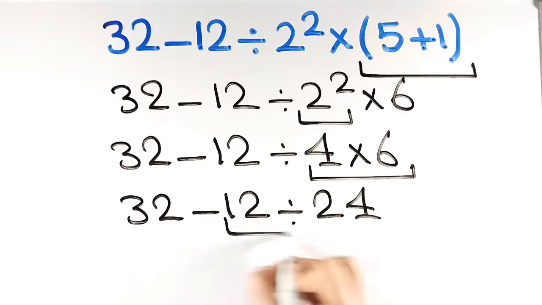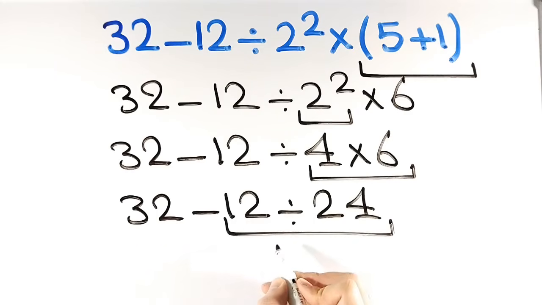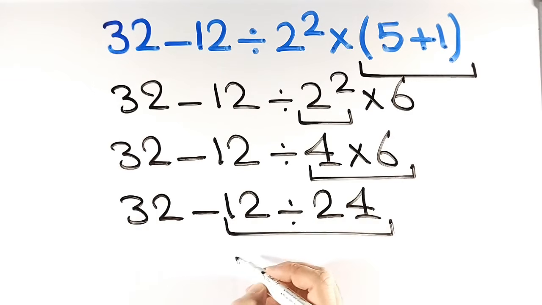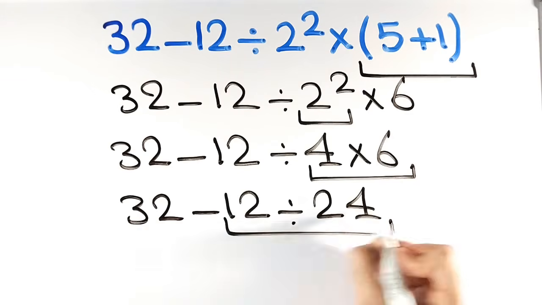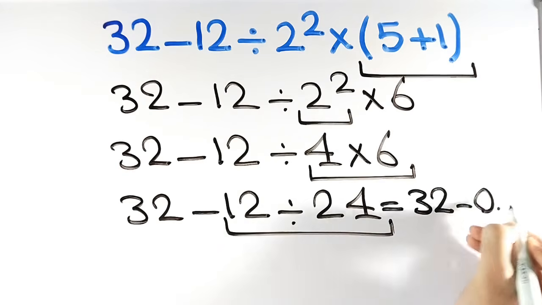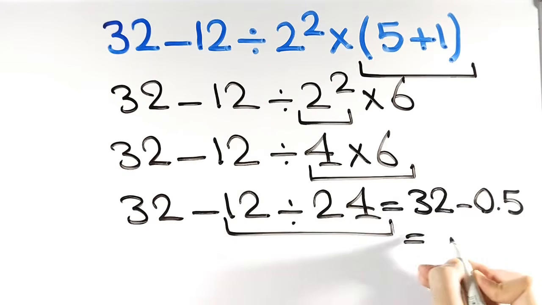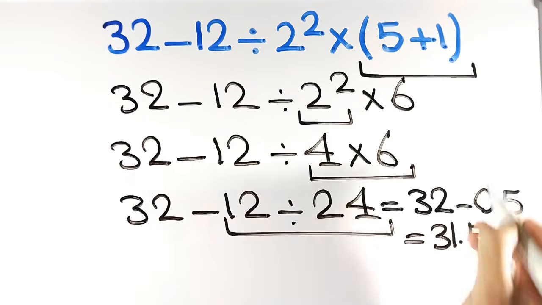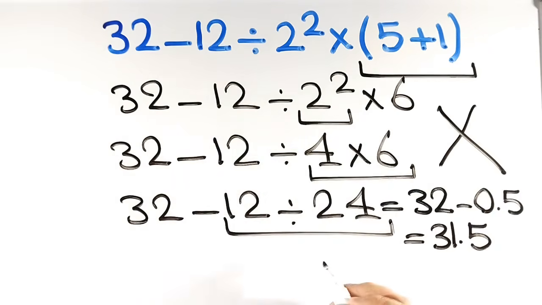Next, they go for the division between 12 and 24 because they think division has priority over subtraction. So instead of this expression, they write 32 minus 0.5, which finally gives them the answer 31.5. However, it's not the correct answer to this question.